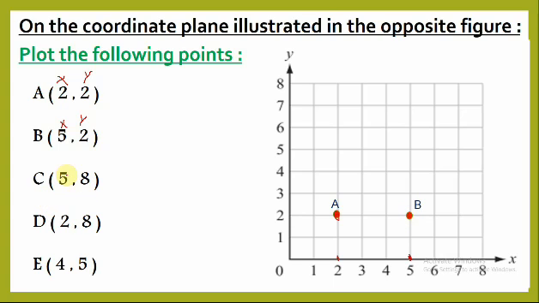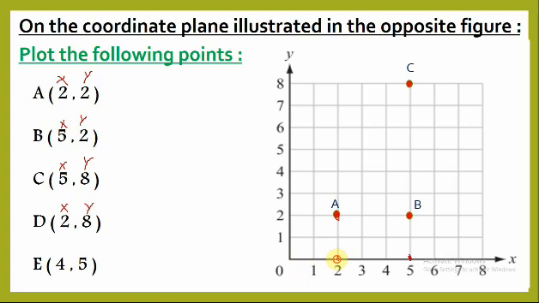C, 5 and 8. The x-axis is 5. Here is a 5. And the y-axis is 8. Move on the y-axis 8 times. Move up, up, up. Here it is, 8. Our C. D, x is 2 and y is 8.